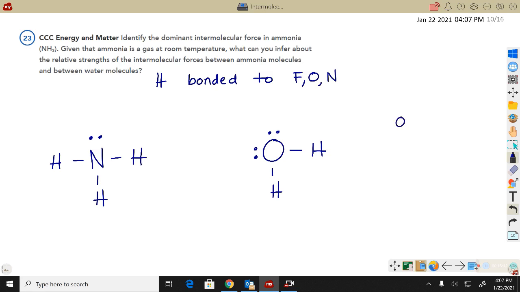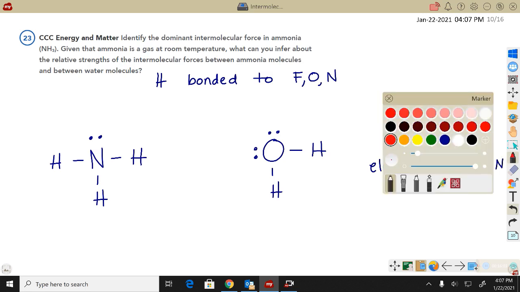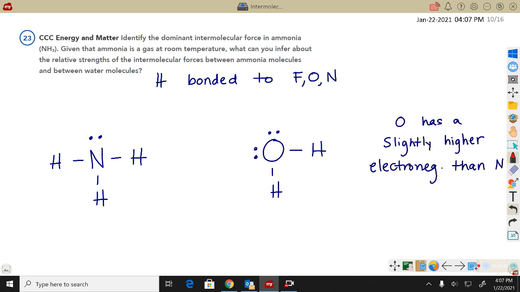And so oxygen has a slightly higher electronegativity than nitrogen. I mean, they're both really high, but oxygen's going to be a little bit higher. So even though they both have hydrogen bonds, they're going to be a little bit stronger in the water molecules.